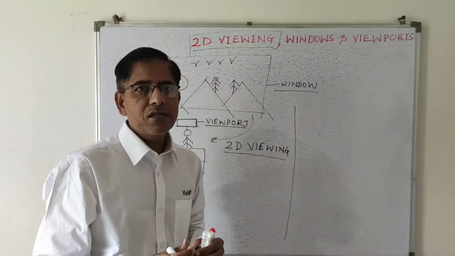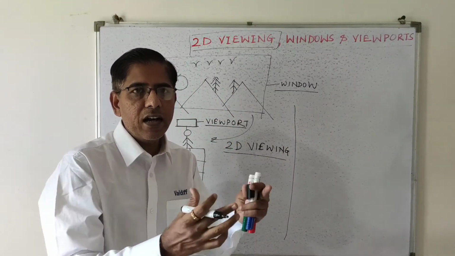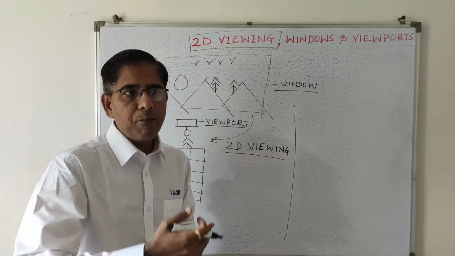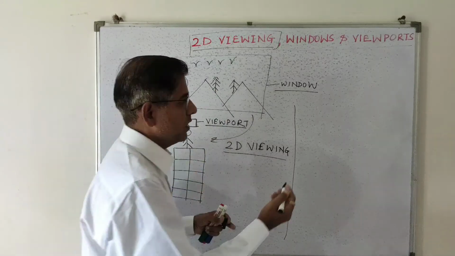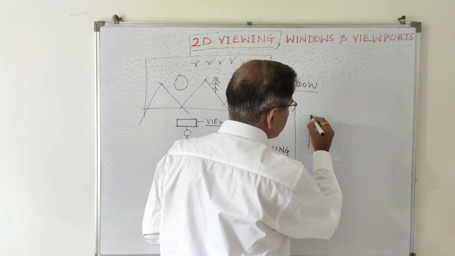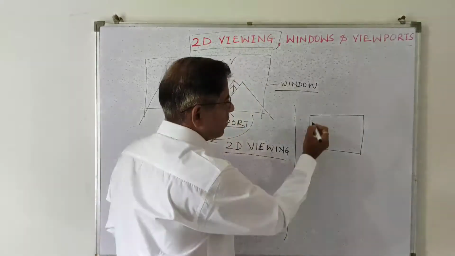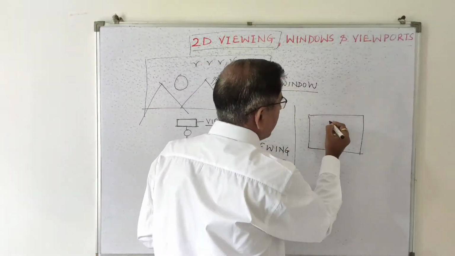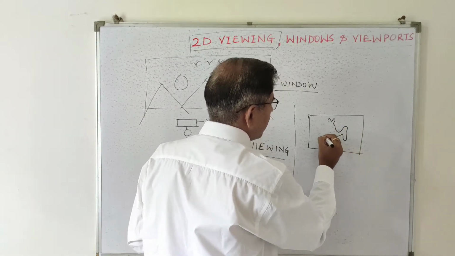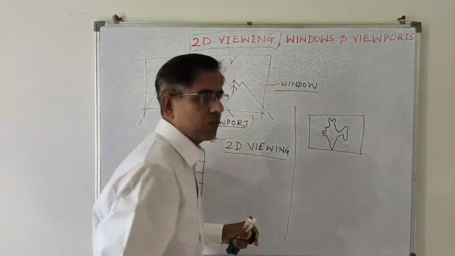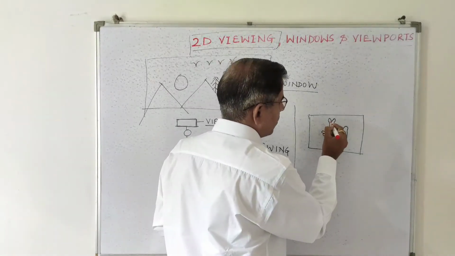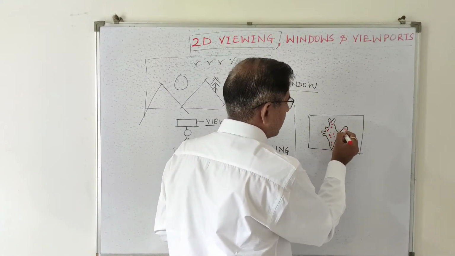Now let me take one more example. Consider you are a salesman and you are presenting sales data pan India, across India. This is the screen on which you are presenting, and this is a map of India. This is the sales data.